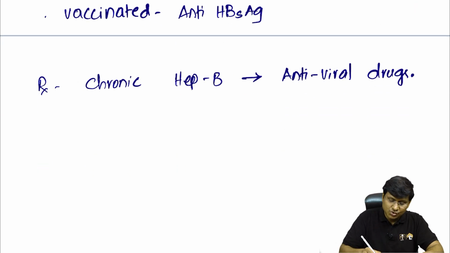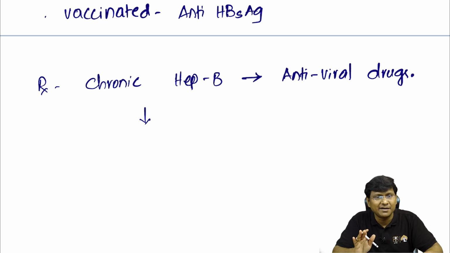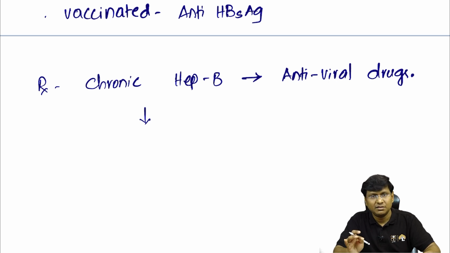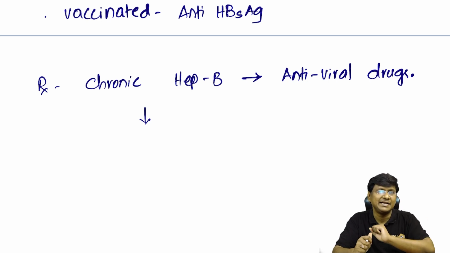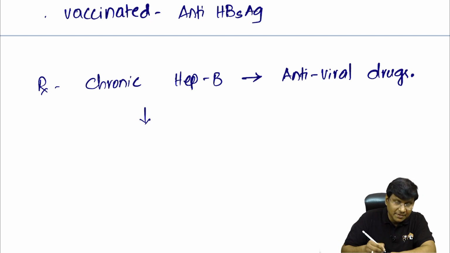Okay. Now, if you treat the chronic, what are these antiviral drugs? Actually, we have many antiviral drugs. That includes interferon, tenofovir, and the interferon we give is pegylated interferon, then entecavir, telbivudine, lamivudine, and even adefovir. These are all the antiviral drugs. But out of these, what are the first line antiviral drugs?